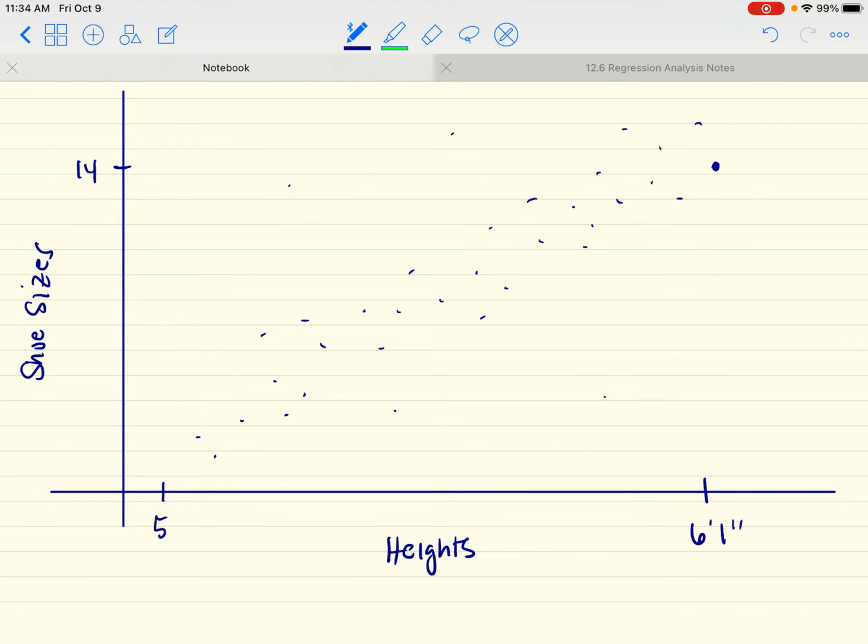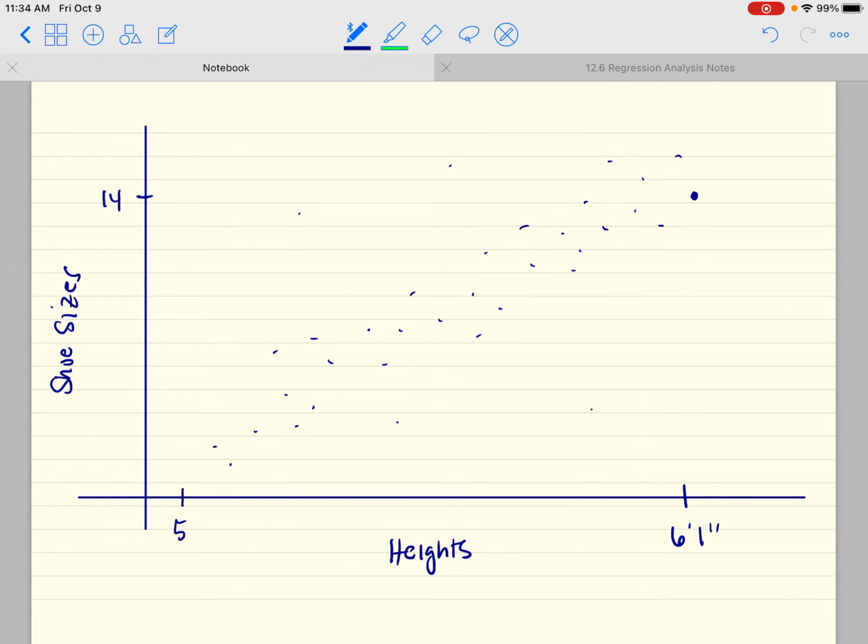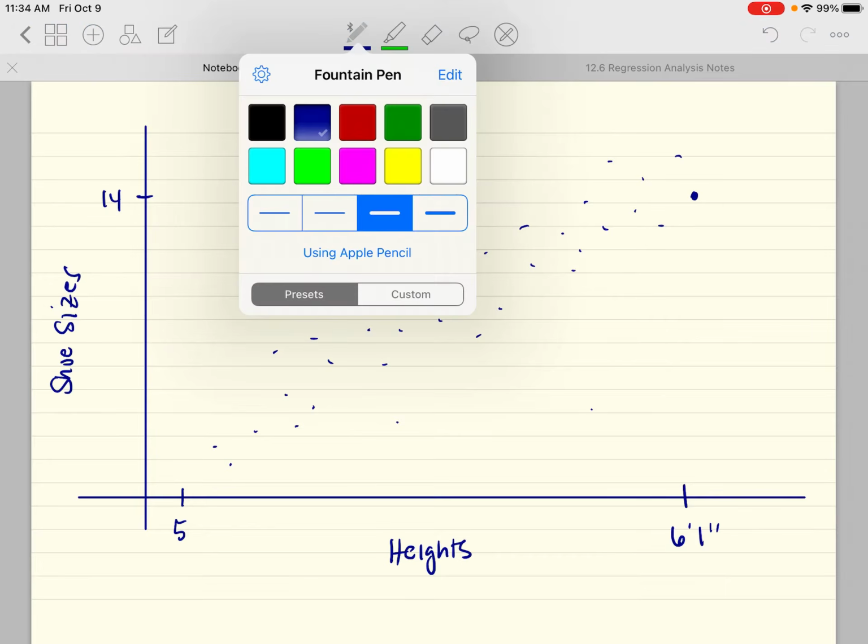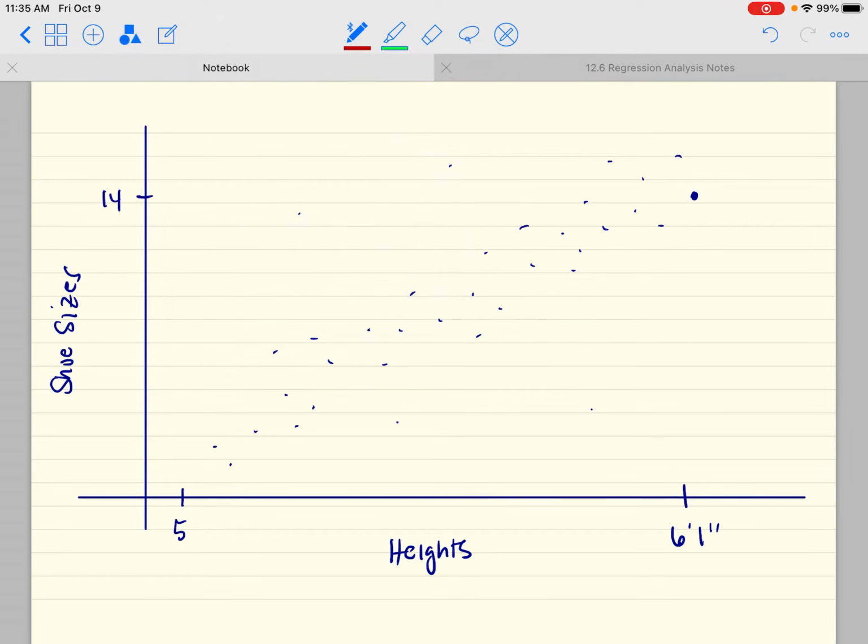So what we would do in a situation like this is try to create a graph that mirrors what's happening or captures what's happening with this data. You may have seen this concept before in a science class, maybe even in a math class, where you create a line of best fit. So this data almost looks linear. There's a sort of constant increase in the data.